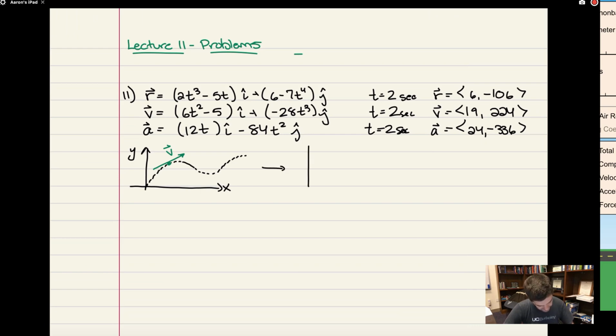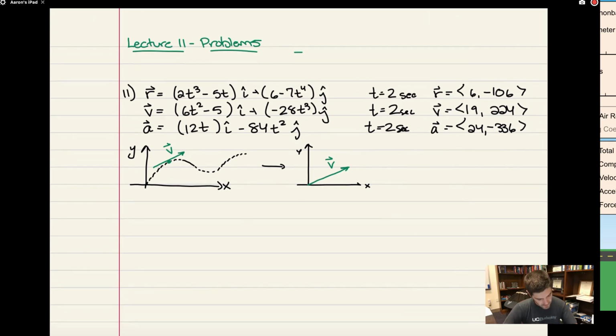So in this case, I might start by redrawing the vector so it's more obvious, perhaps that is that vector at t equals 2. And indeed, there is some angle here that it is asking us to calculate.